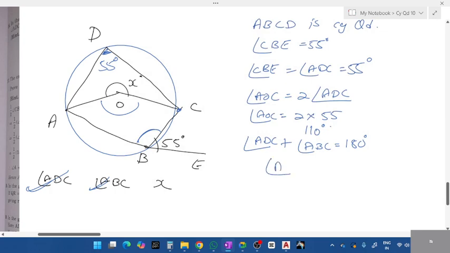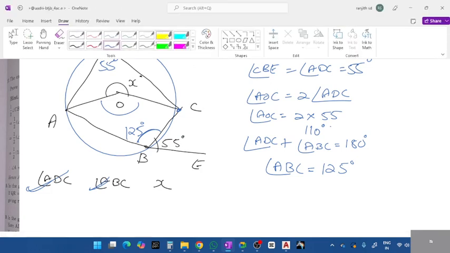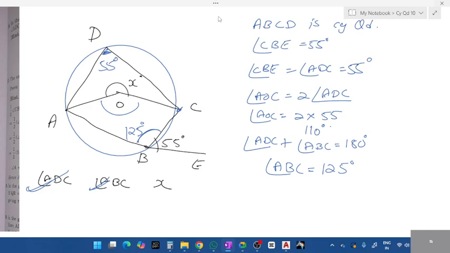Okay, ABC is equal to 180 minus 55 degrees. What's the answer? You can even use the straight line concept, students. ABE is a straight line, so you can use 180 too. Sum of interior plus exterior is equal to 180, this concept.